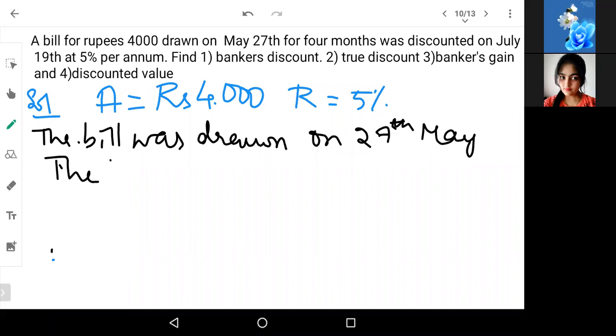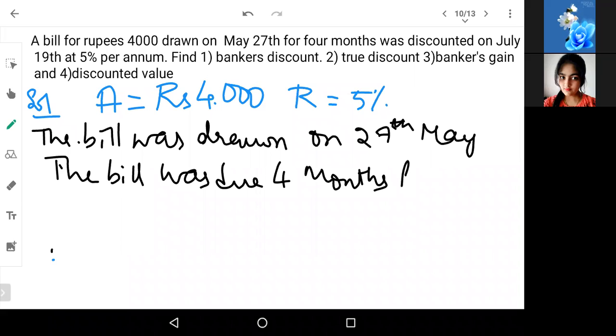The bill was due 4 months from 27th May. It was drawn on 27th May; from 27th May, 4 months was the due date. Now calculate from 27th May.